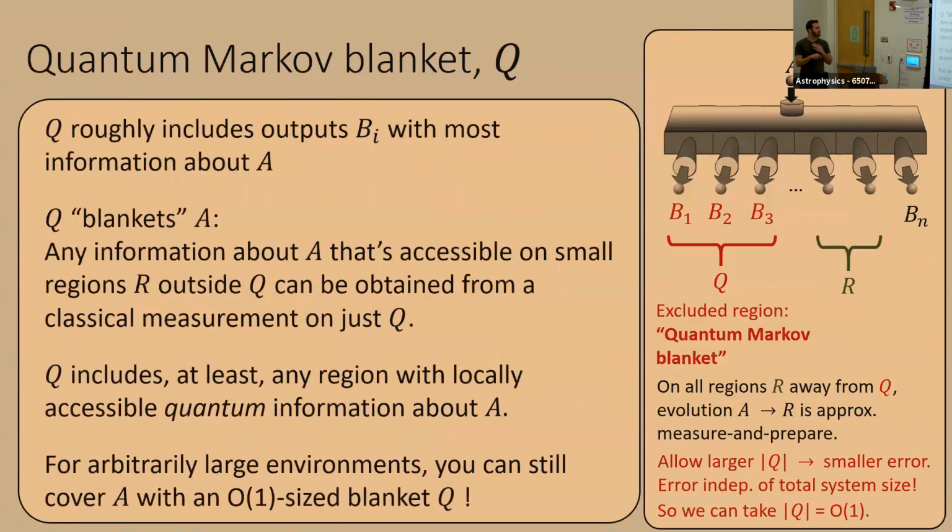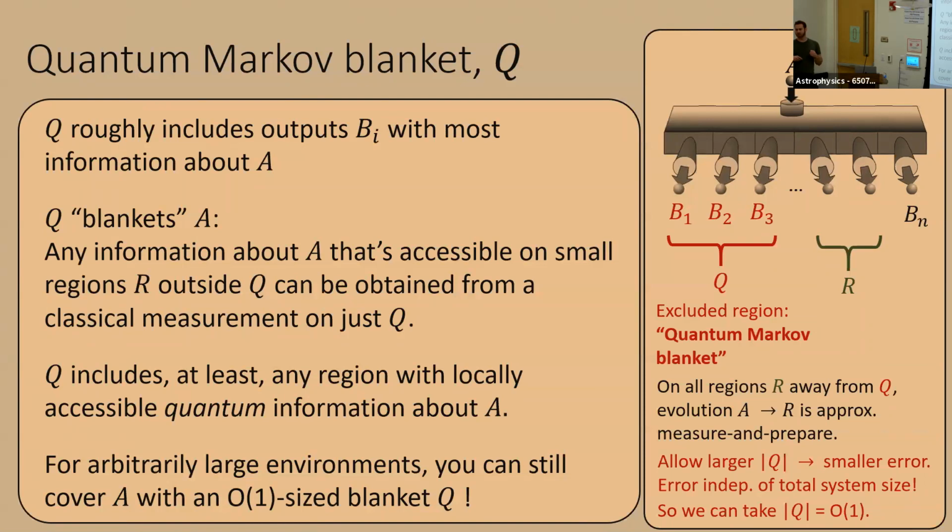Okay, so let me talk a little bit about this excluded region Q that I'm calling the quantum Markov blanket, because I think it's a physically significant idea. So the idea is that for any evolution from this one qubit, we couple it to the spin chain, we evolve them, and now I'm going to be able to identify this finite size blanket Q. Why am I calling it a blanket?